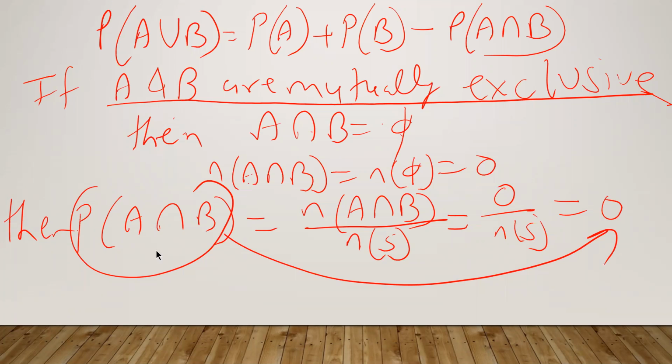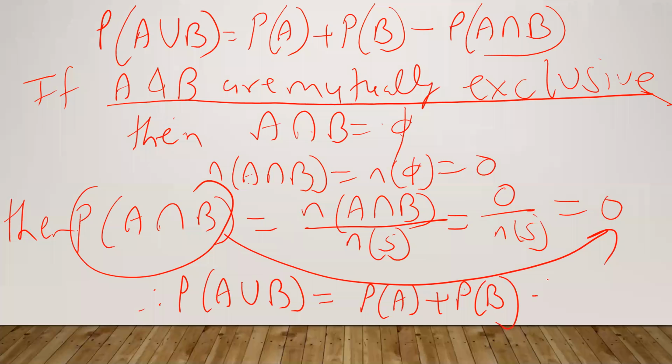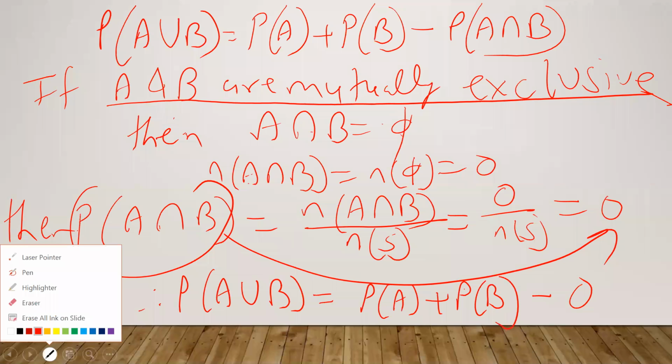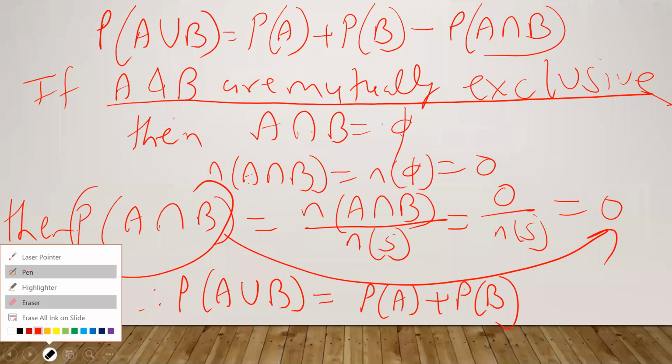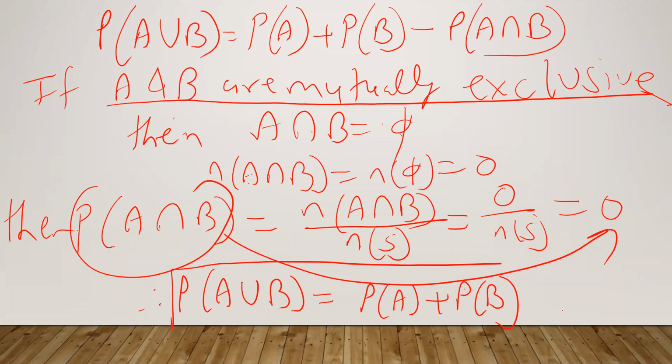Now let us put 0 here. So what will you get? Probability of A union B is equal to probability of A plus probability of B minus 0. Ultimately, since it is 0, you can delete it. So you have probability of A union B is equal to probability of A plus probability of B. U for union, meaning milana, correct?